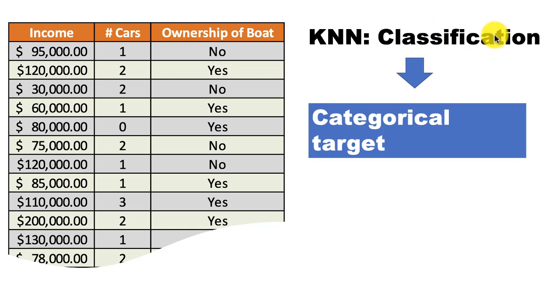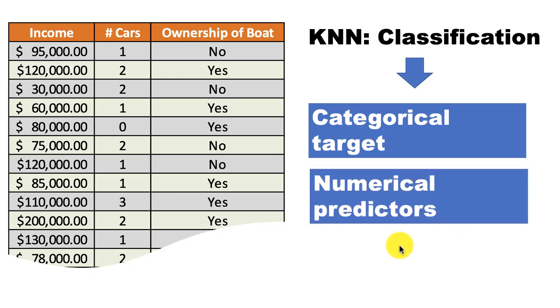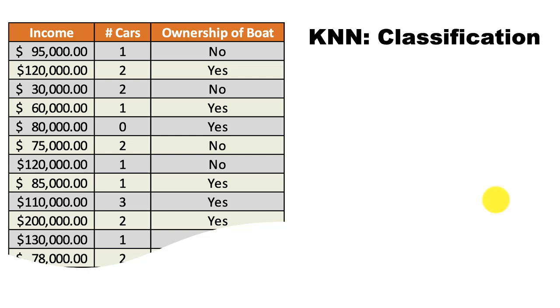Okay, so first important point to understand is when you're using KNN for classification, the target attribute has to be categorical, right? Because otherwise, why would you use something for classification? But the important point is, since we are computing distances, our predictors have to be numeric. If the predictors are not numeric, then we cannot use KNN, because calculation of distance requires things to be numbers, right?